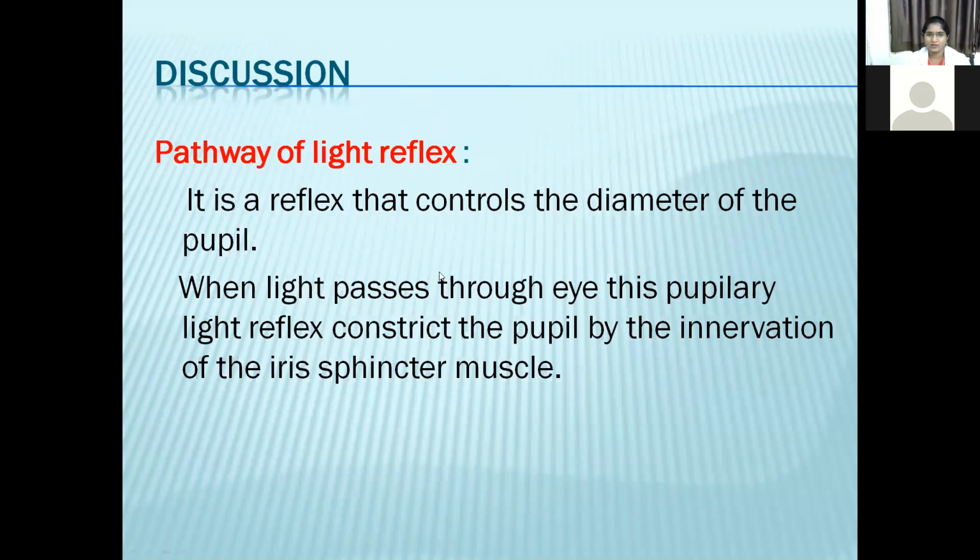We already discussed this in the earlier slide: when we focus bright light on the eye, compared with dim light, it constricts the pupil size. This is called the light reflex, by the sphincter or circular muscles.